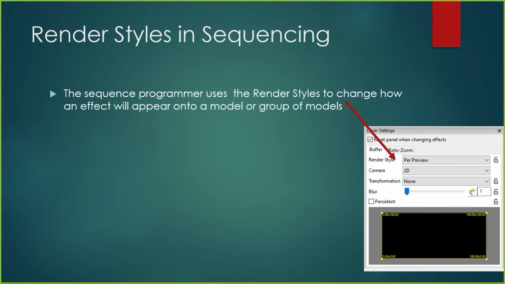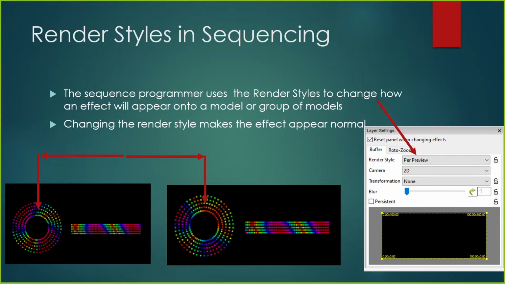So we use this box called the layer setting box, and we use a render style. If we change the render style to per preview, we actually get something that looks a little bit more like the butterfly effect, where you have the effect going across the screen in the same type of manner that you would see on, let's say, the matrix, or the larger matrix, the same kind of visual, square versus the long rectangular matrix.